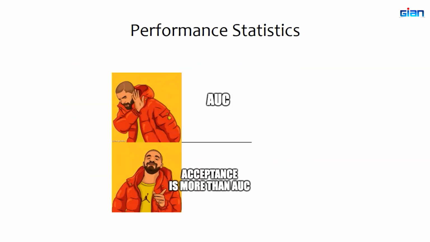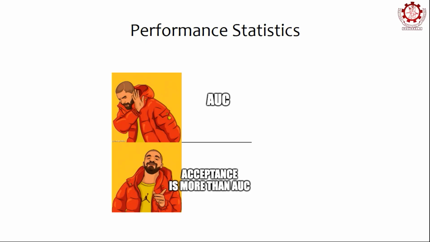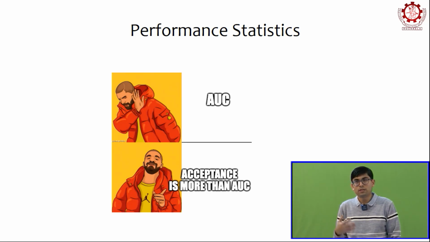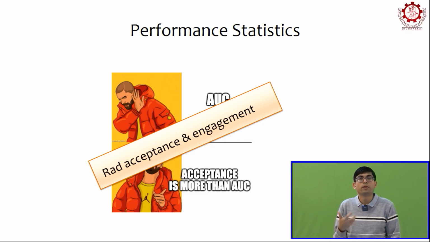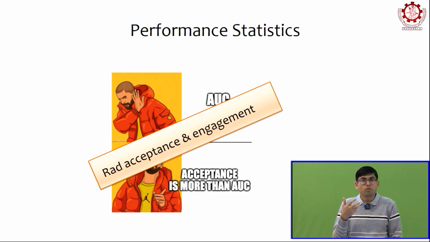Let's go to some of the performance statistics. Clinicians, yes, AUCs are great, accuracies are great. Some of the performance metrics are great, but acceptance and trust are probably more important than that. You need to get radiologists' buy-in, that level of engagement, to say that the model is good or not.